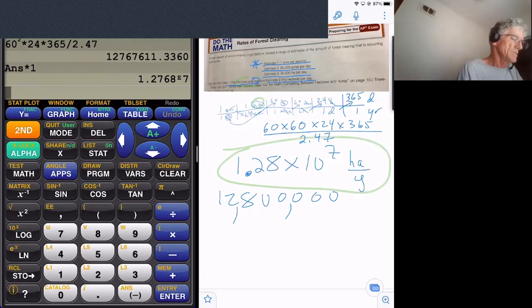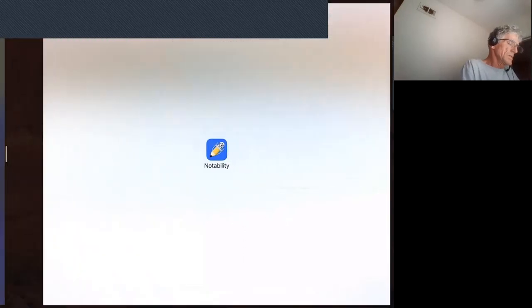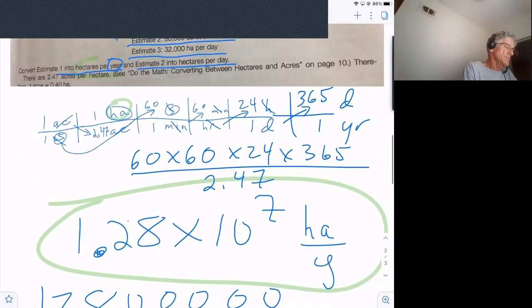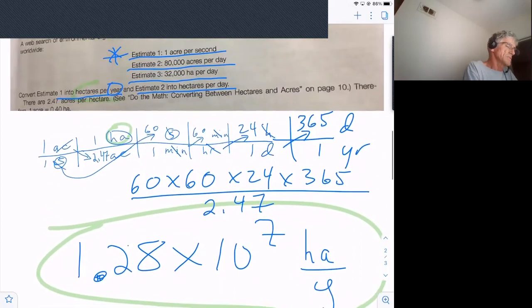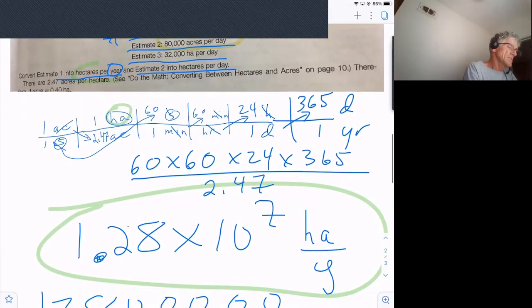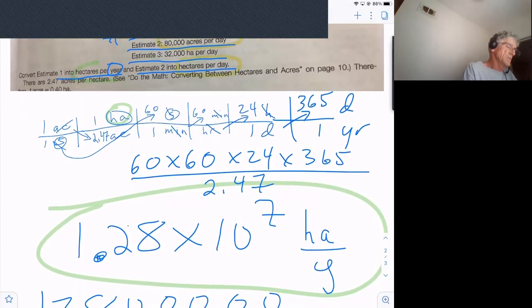Okay, I want you to convert estimate 2 into hectares per day. Okay, so estimate 2. What's the known term? Known term is 80,000 acres per day, and I want to change it into hectares per day.